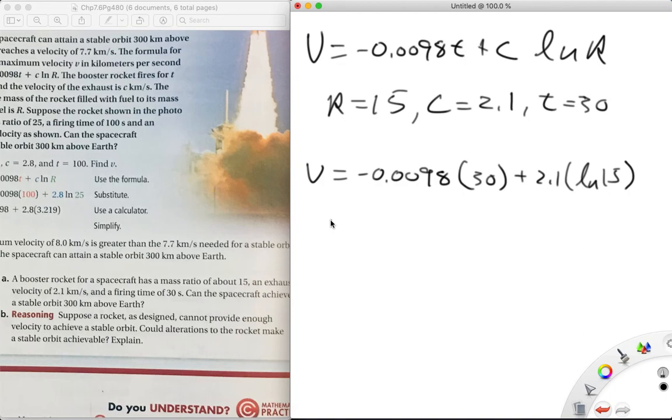So this part is negative 2.94. That's going to be plus ln of 15 times 2.1. And this is 5.687.